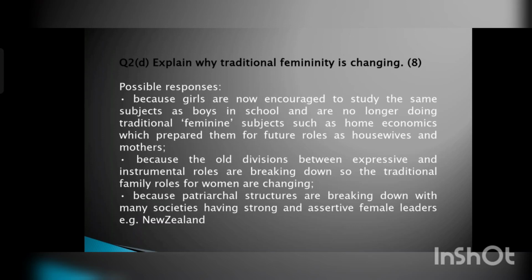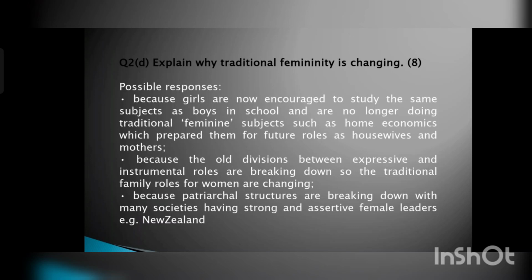But now these traditional family roles are changing. Now women are also more career oriented, they are moving outside their homes to work, and there are certain men who are taking interest at home, and they are also doing the household chores and sharing responsibilities with their wives at home.